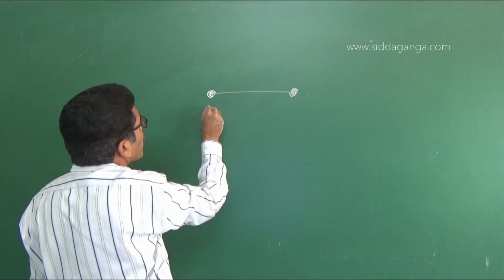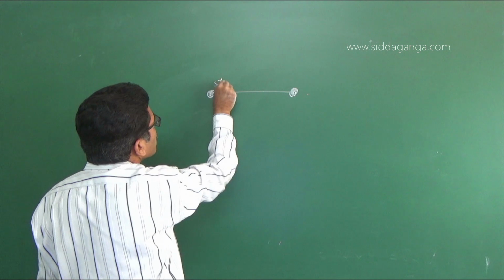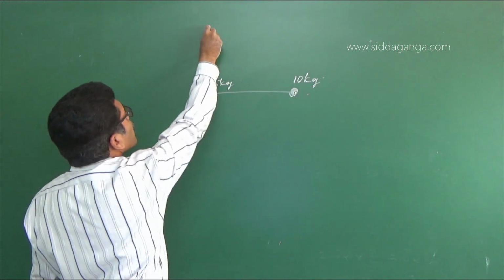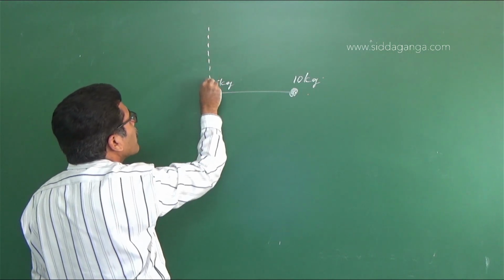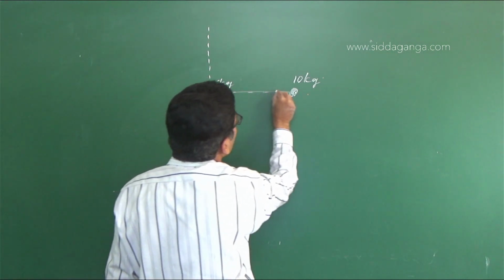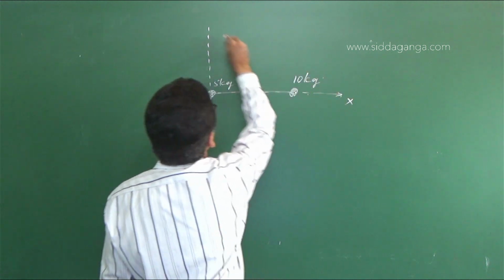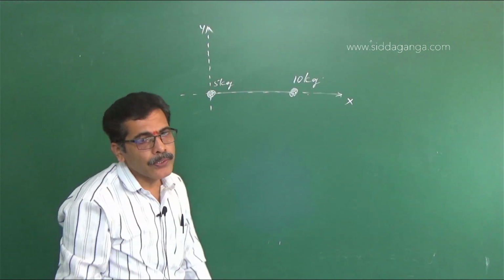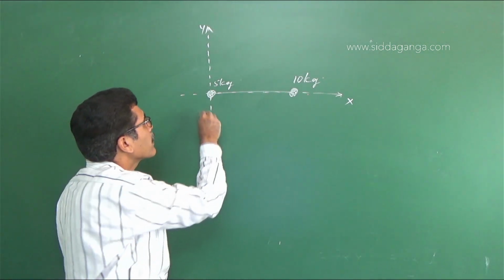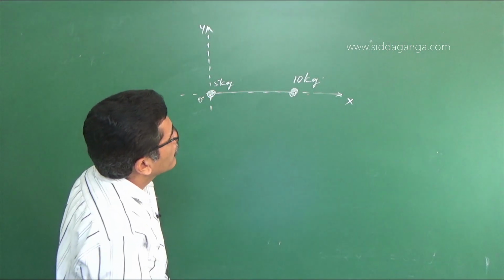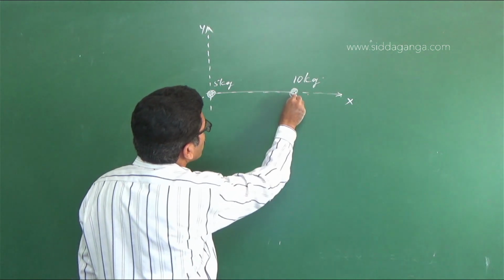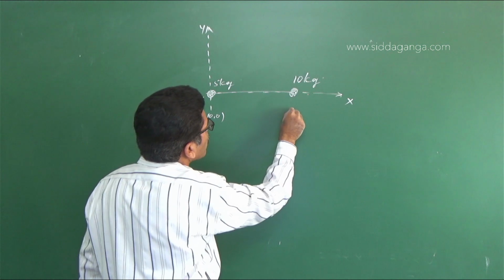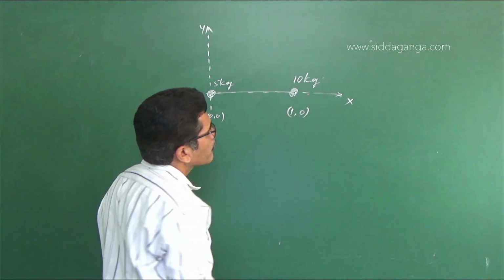These are the two masses. This one is 5 kg, another one 10 kg. Now I just consider a Cartesian coordinate system with 5 kg coinciding with the origin. Here is the origin. This point is at 0, 0, and this is at 1, 0 coordinate.